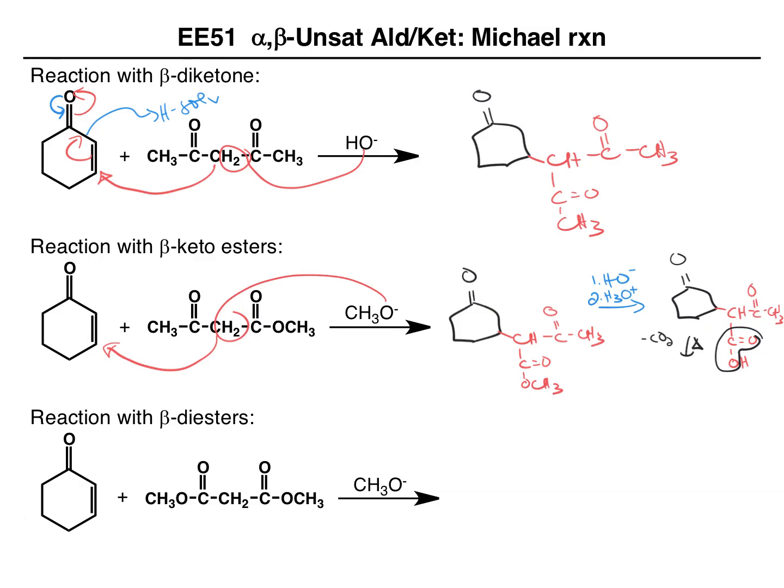So what we will end up with here looks like this. So 1,4 addition, but after we have gotten rid of the ester and then got rid of CO2, it's as if we used the acetone enolate and did 1,4 addition.